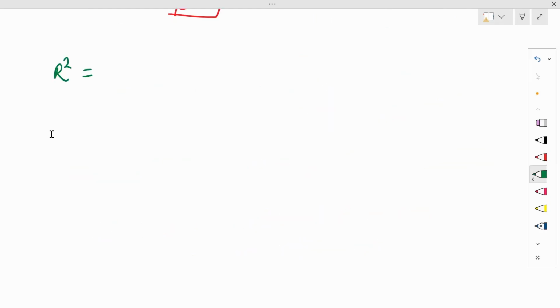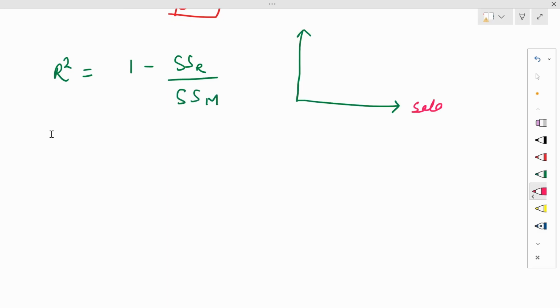The formula for R square is 1 minus the sum of squared values of the regression line divided by the sum of squared values of the mean line. For example, here we are trying to predict salary on the basis of experience. So the data points will be something like this. As the experience grows, the salary will also increase.